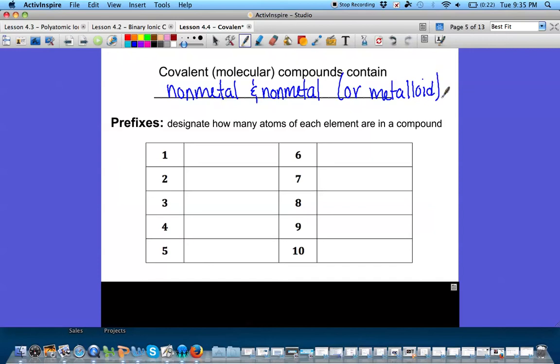So we have prefixes that are going to designate how many atoms of each element are in the compound.